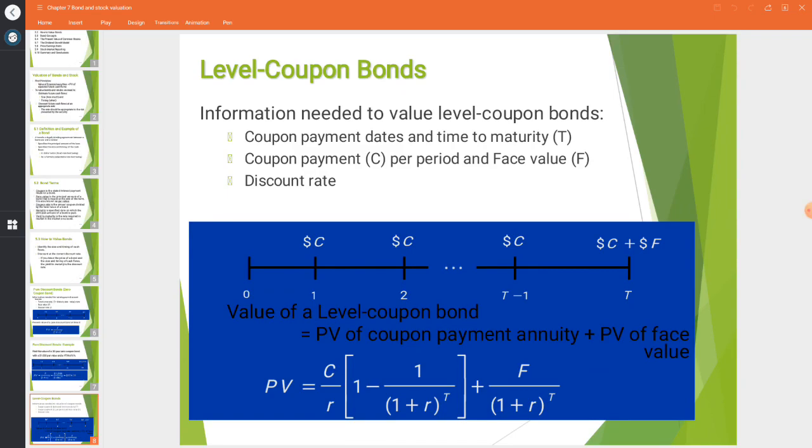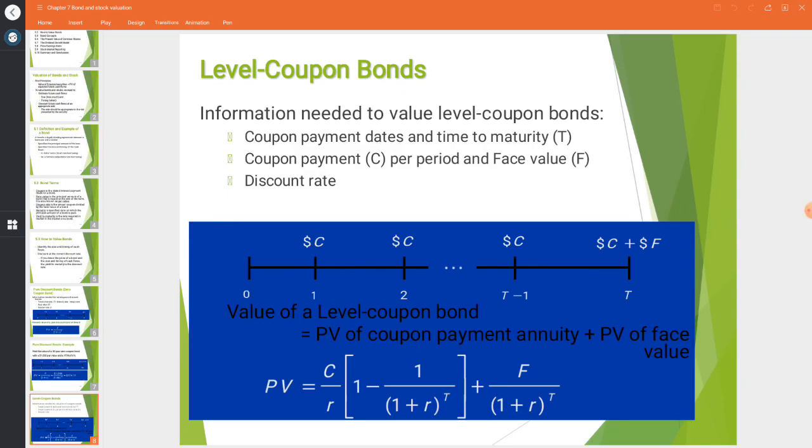We have a bond that has a maturity at a specific time, capital T. For example, if we have an annual coupon, this means that at the end of each year, we are going to receive a fixed amount as a coupon, C, and at the end of the maturity date, you are going to get also the face value.